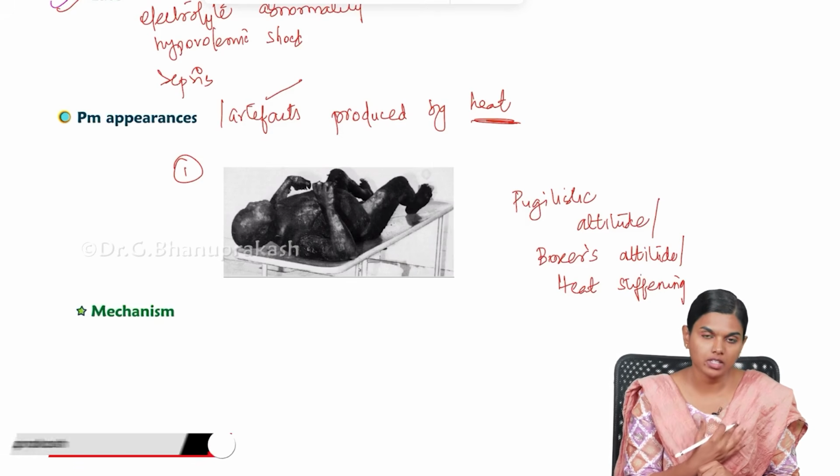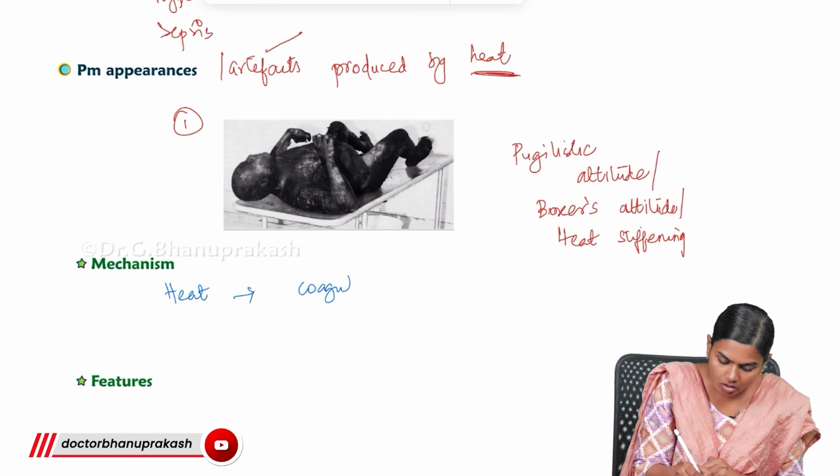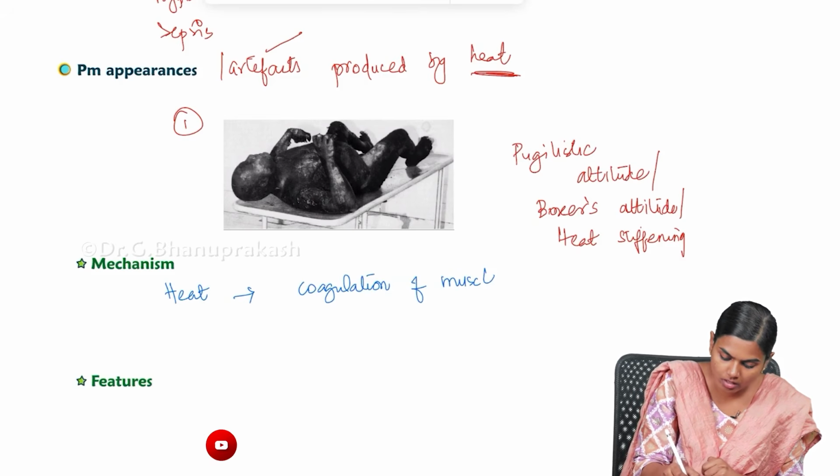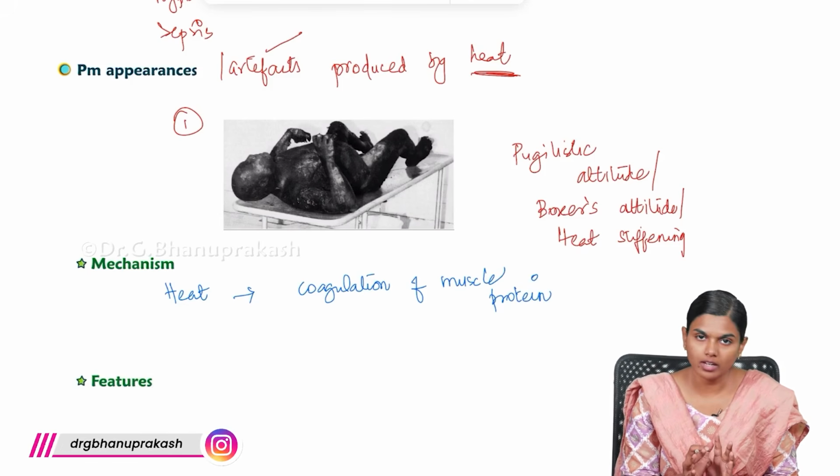So, what happens here is that because of the extreme heat, there will be coagulation of muscle protein. So, all the muscle protein will coagulate, and because of that what will happen?